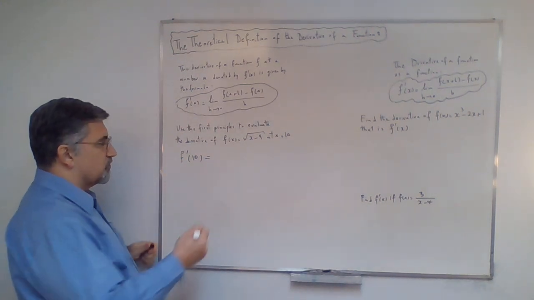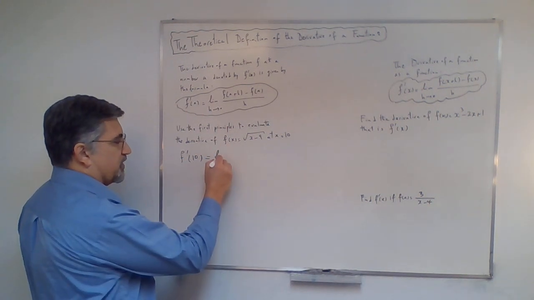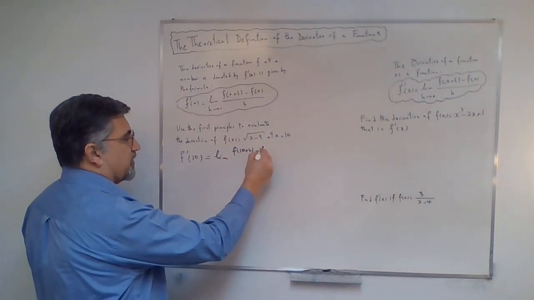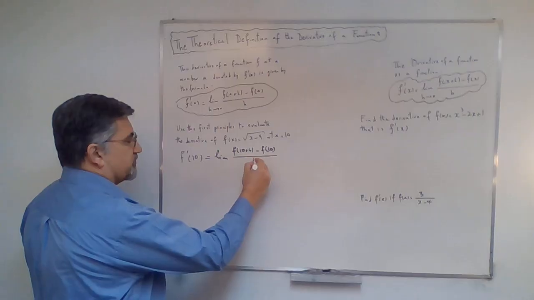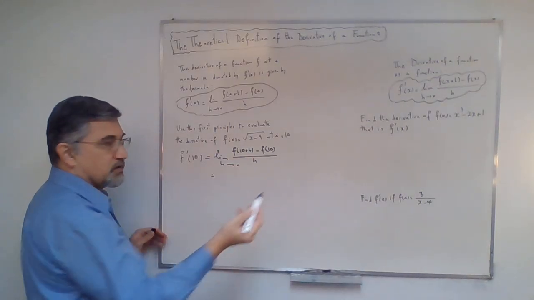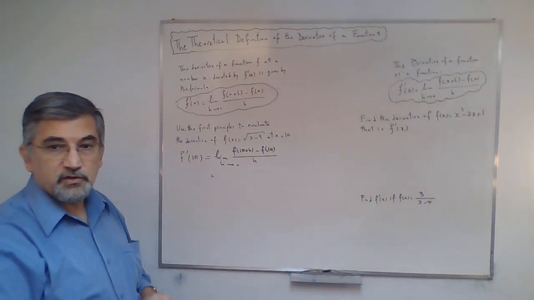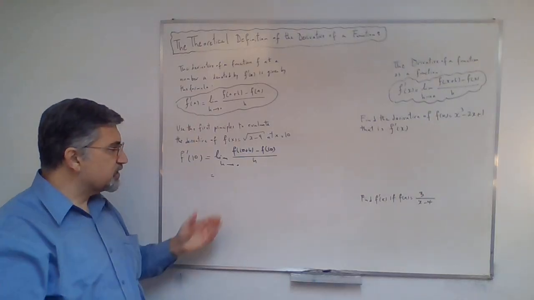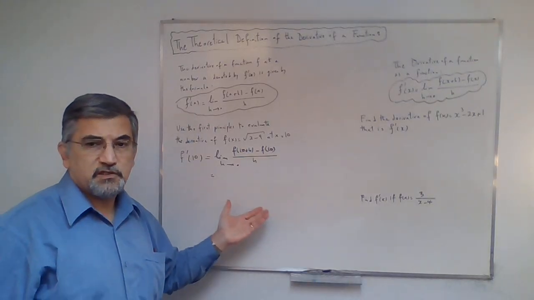Using the formula, it's going to be the limit of f at 10 plus h minus f at 10, all over h, when h approaches 0. So we set up the limit using the formula, and all we need to do is to find this limit right now.